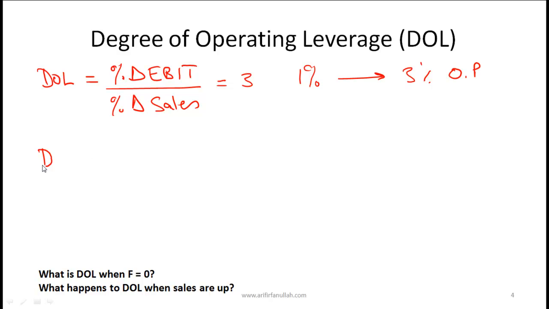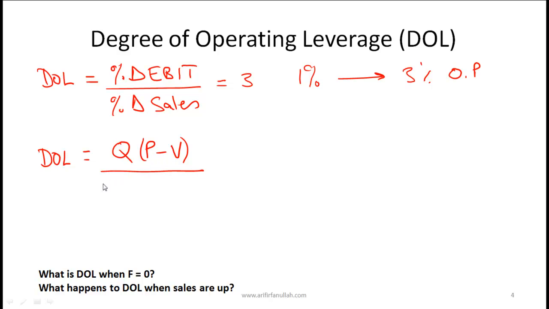The other formula that you need to know for degree of operating leverage is equal to Q, the quantity of units sold, times (P minus V), where P is the price at which units are sold and V is the variable cost. P minus V is sometimes referred to as the contribution.